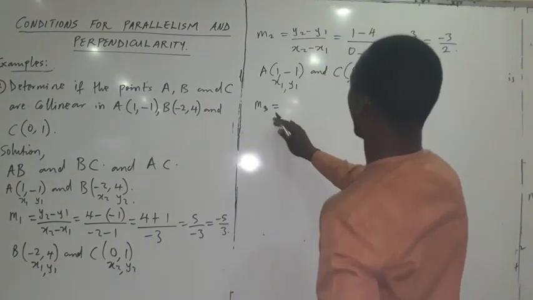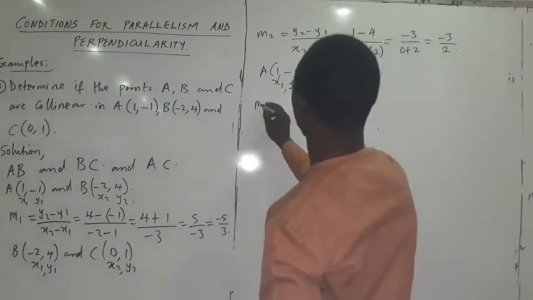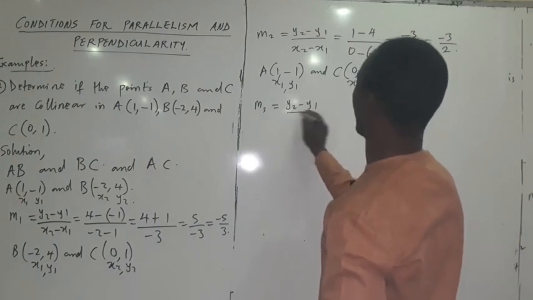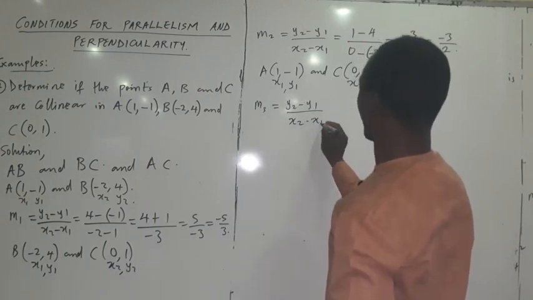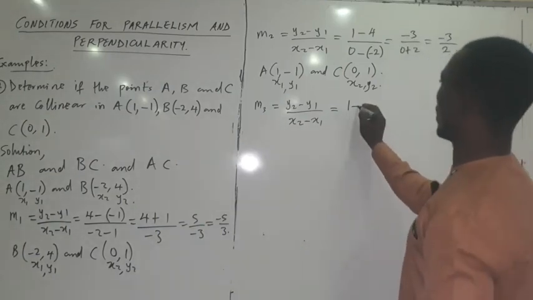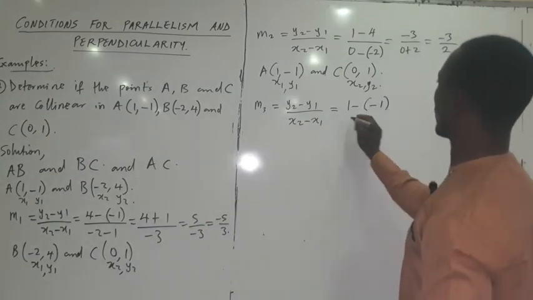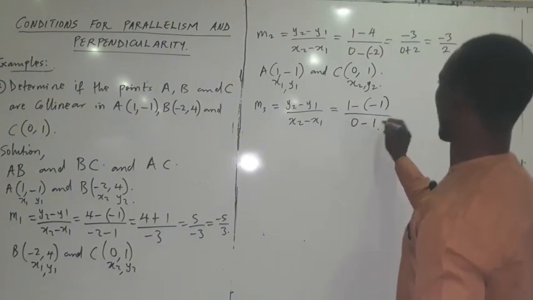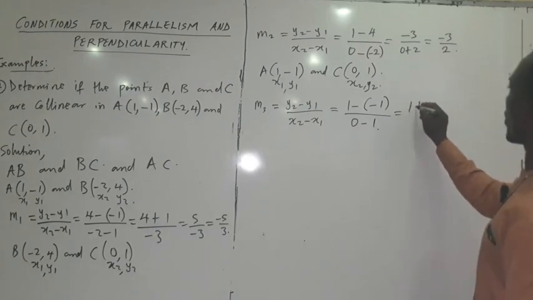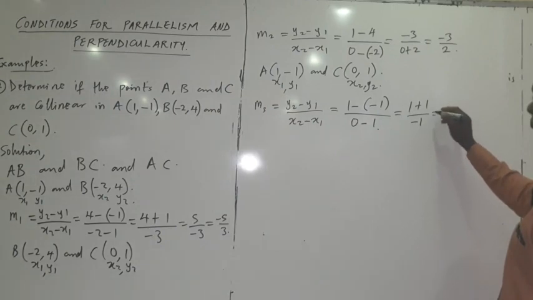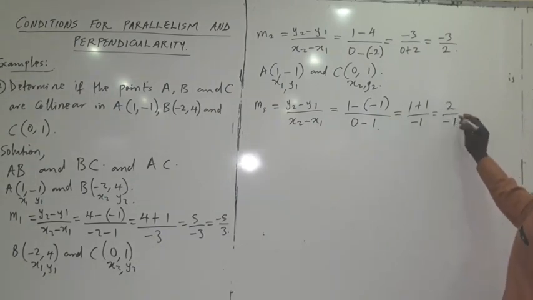So we have m3 equals y2 minus y1 all over x2 minus x1. So y2 is 1, so 1 minus minus 1 all over x2, that is 0 minus 1. So we have 1 plus 1 all over minus 1, which is 2 over minus 1, and 2 over minus 1 is minus 2.